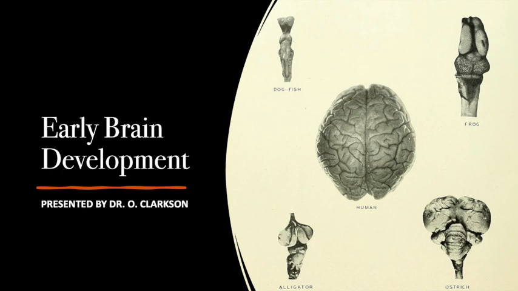All right, stem cells are generated by the first series of cell divisions of the fertilized oocyte. So those are going to be your pluripotent stem cells.